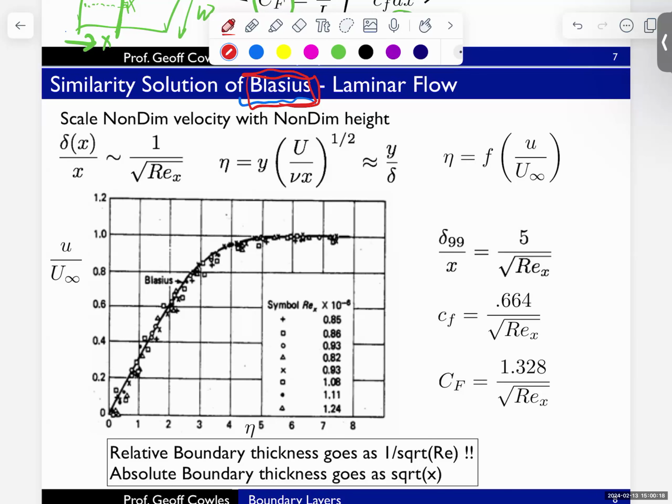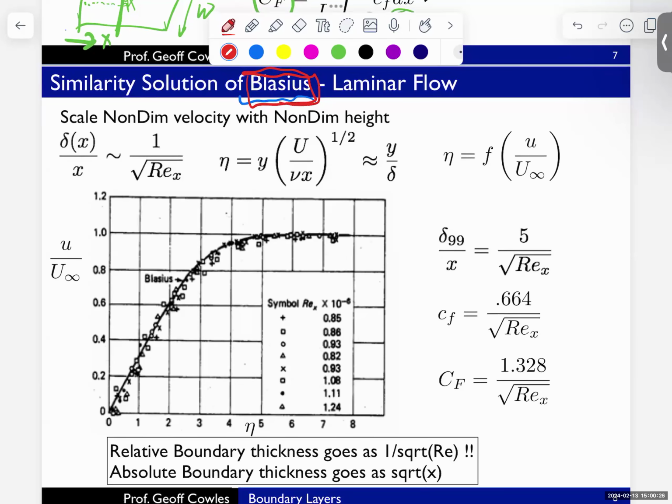You can hand wave a bunch of terms out of the equation. Once he did that, he achieved a closed form solution for the boundary layer, a beautiful one. And we refer to this as a similarity solution.